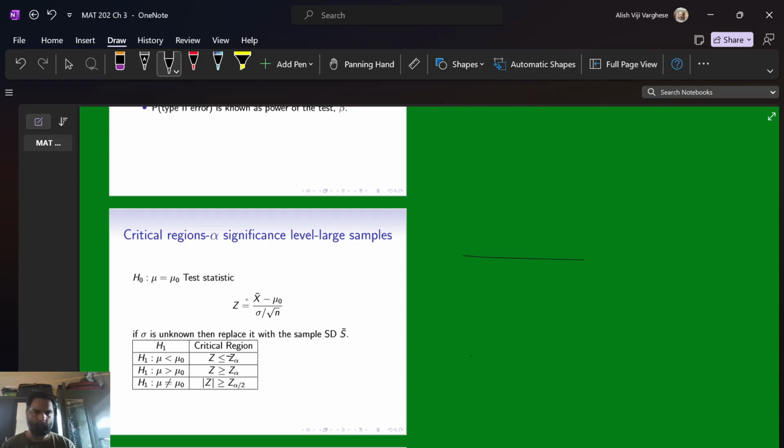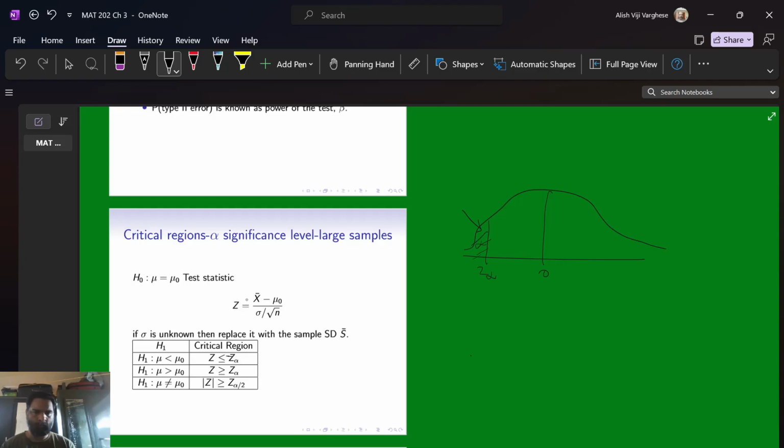That is a one tail test. The tail probability is here. If we calculate Z alpha, then this is Z alpha, and this is the probability alpha. If Z falls into this particular region, we reject H naught. And if mu is greater than mu naught, then Z is greater than Z alpha.